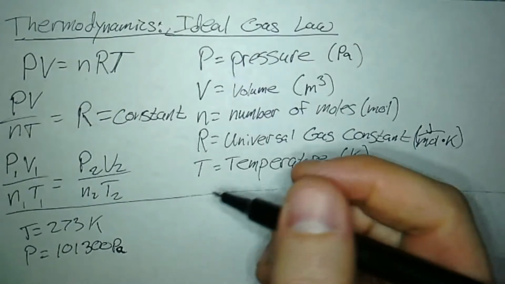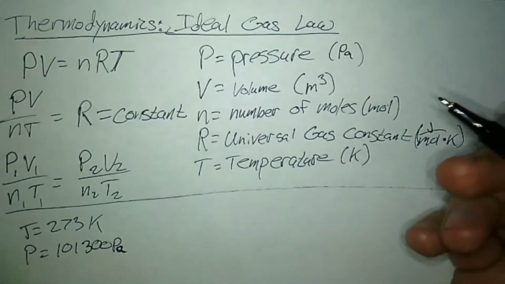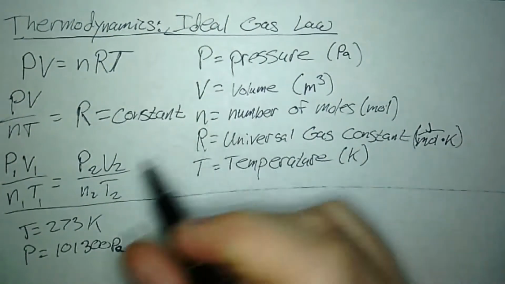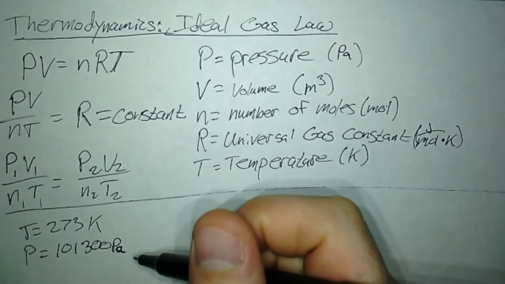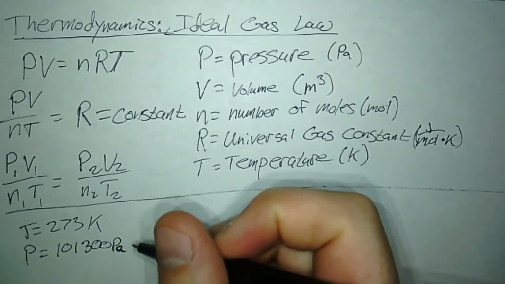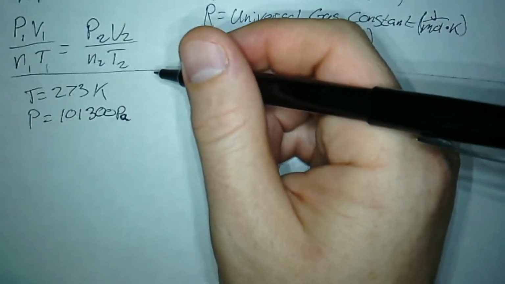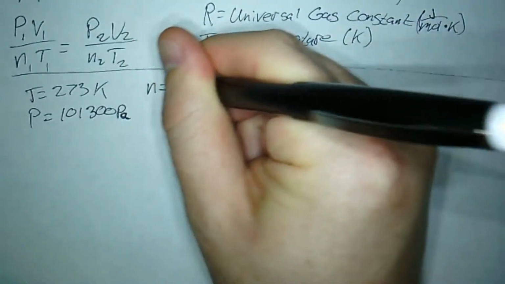So if you're at sea level on Earth, that's what the pressure is, ish. Of course it varies. And then let's say you have 1 mole. I want to know what volume this gas takes up?